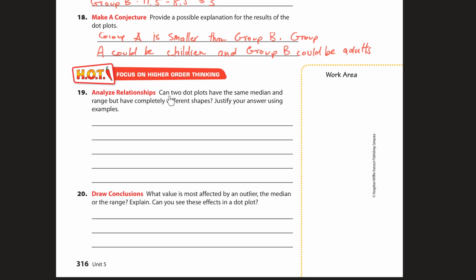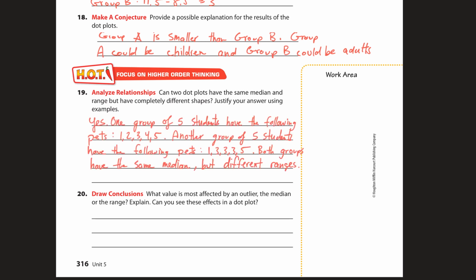Can two dot plots have the same median and range but have completely different shapes? Justify your reasoning using examples. I went ahead and wrote out my solution, and I'd like to explain it. One group of 5 students have the following pets: a student has 1 pet, another has 2 pets, then 3 pets, 4 pets, and 5 pets.